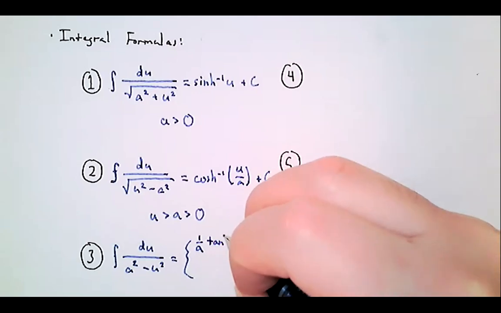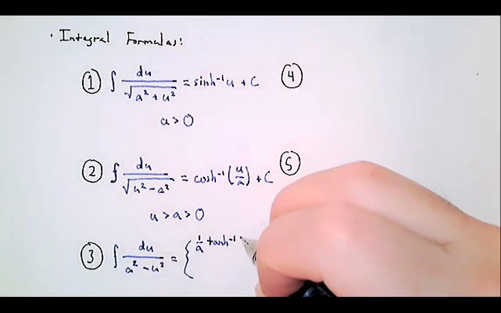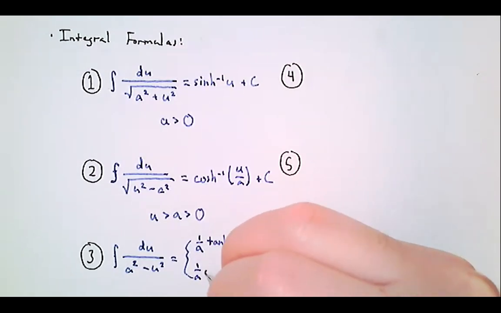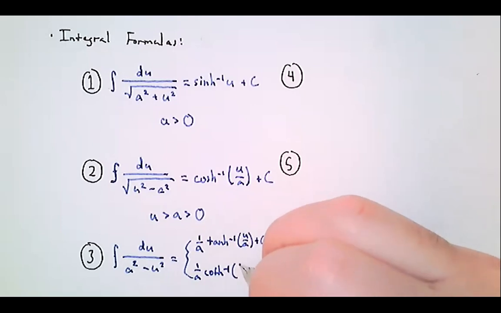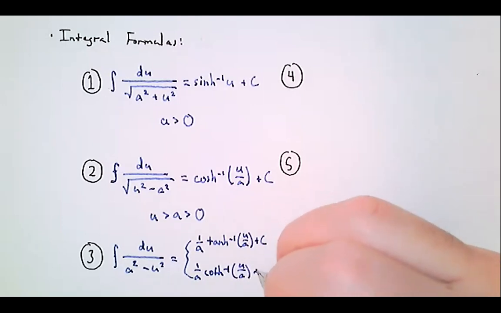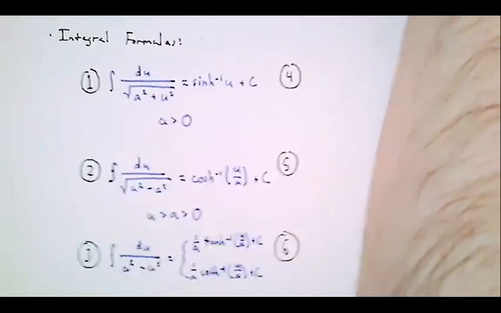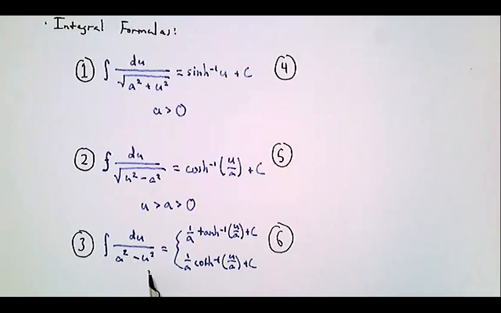So it could be this one, inverse hyperbolic tangent, or it could be this one, inverse hyperbolic cotangent. The first rule applies when u squared is less than a squared.